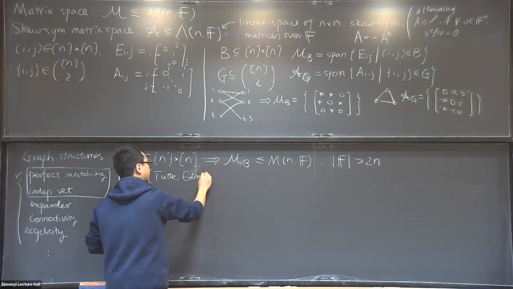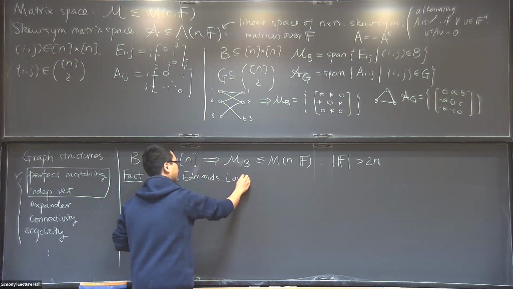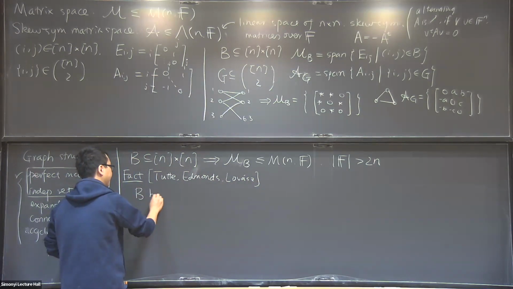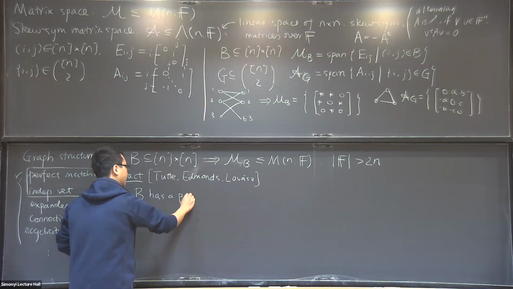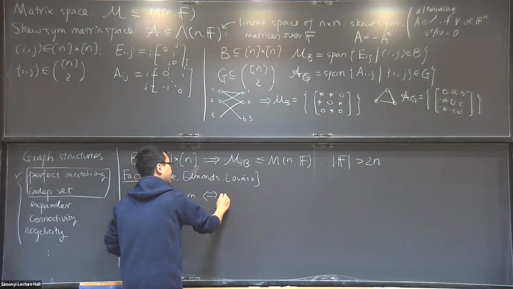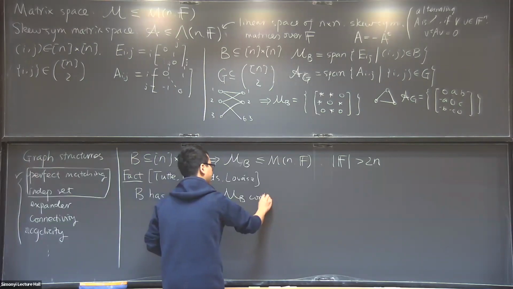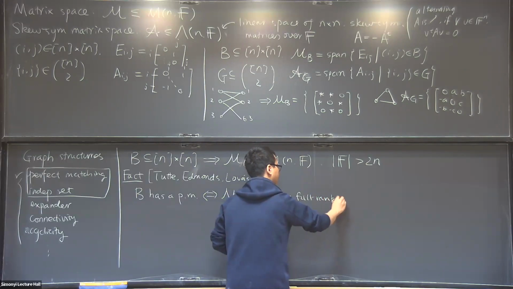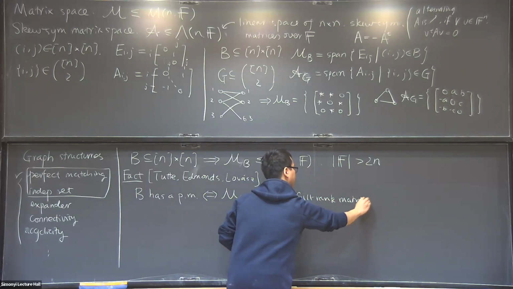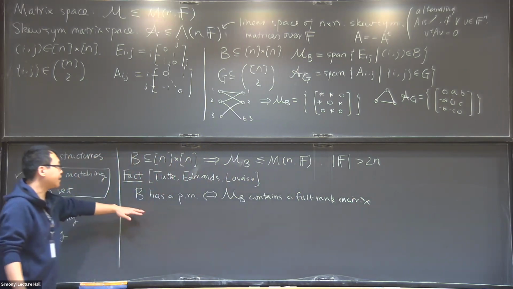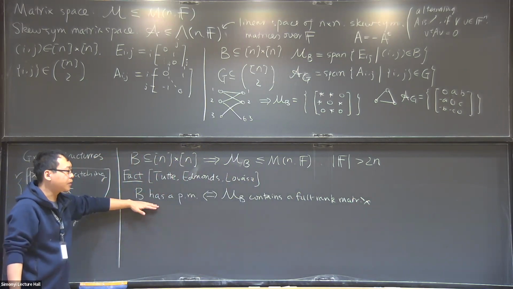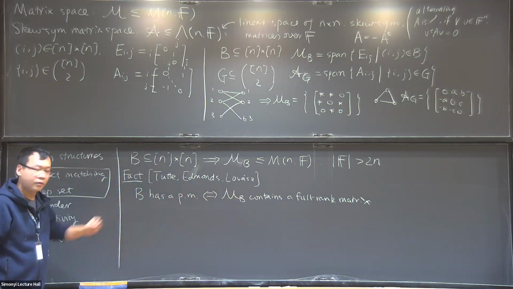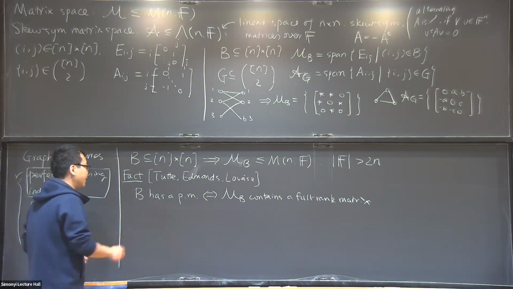Edmonds, Lovász showed that B has a perfect matching if and only if M_B contains a full rank matrix. So this is the first connection between a graph property and a matrix space property. So perhaps I'll give a quick short proof of this so that you get the idea of this truth.